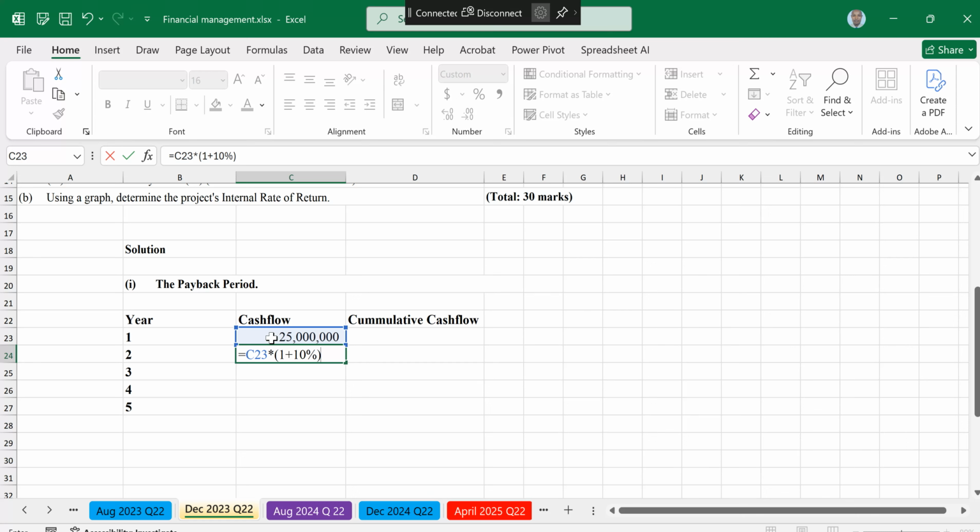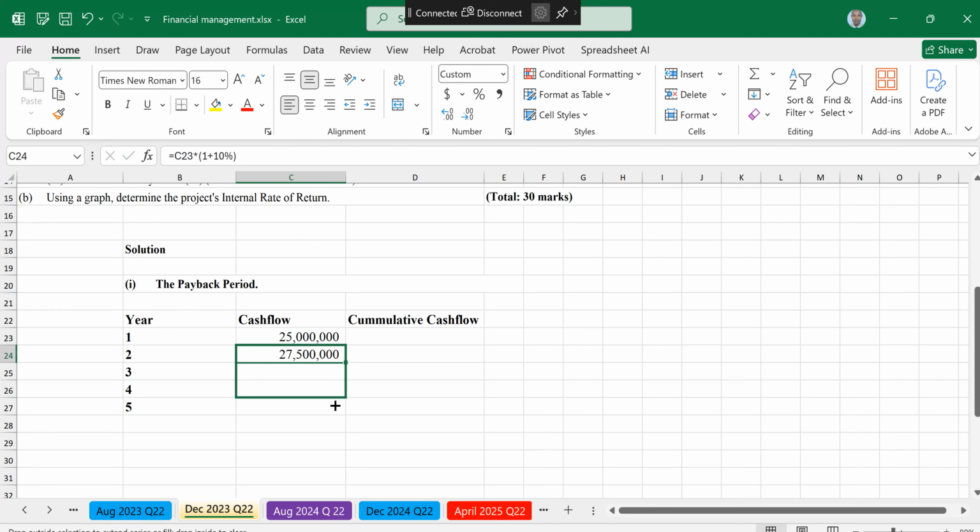Of course, you can see somebody whispering 23. Don't write 23 directly unless the cell that has 25 million is the same as mine. You just click on where there is 25 million. You can just use 10%. That way you'll get an answer of 27,500. Drag that down to year 5.